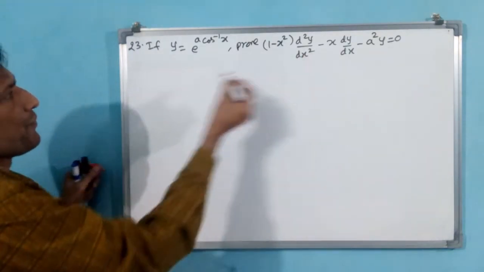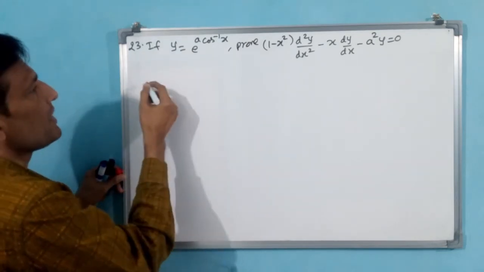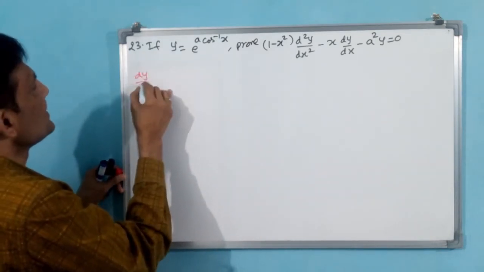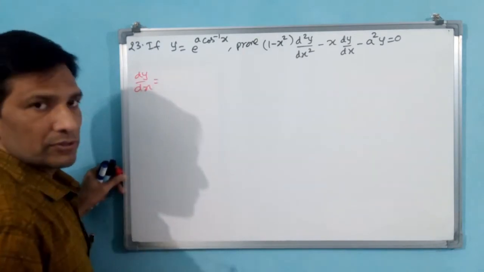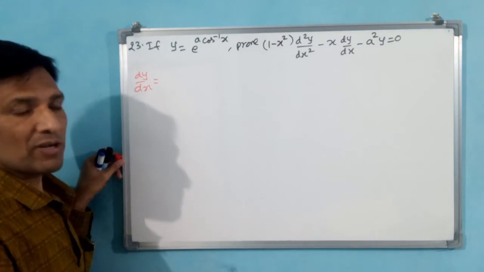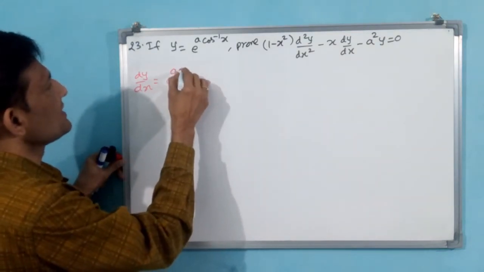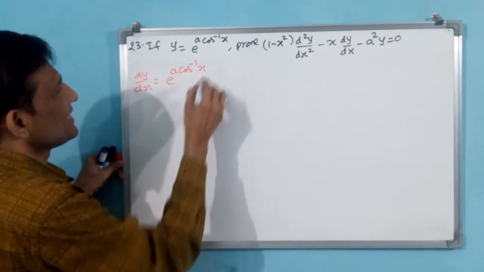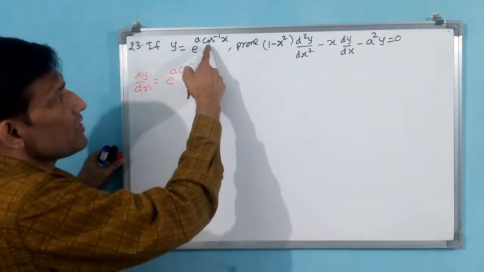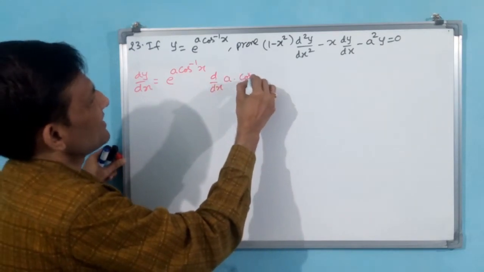You observe carefully. Okay, I am finding dy by dx. You see, dy by dx is equal to, first you consider e power x, d by dx of e power x means e power x. Write down e power x, again d by dx of a into cos inverse x.